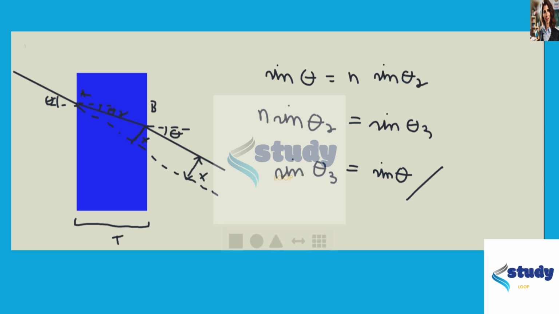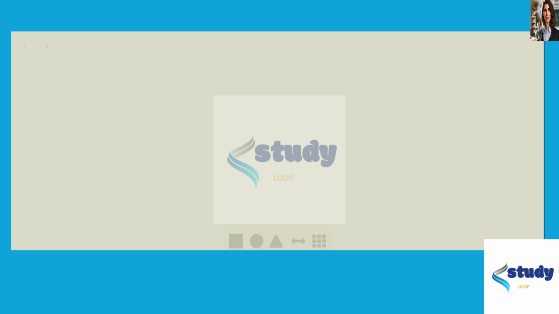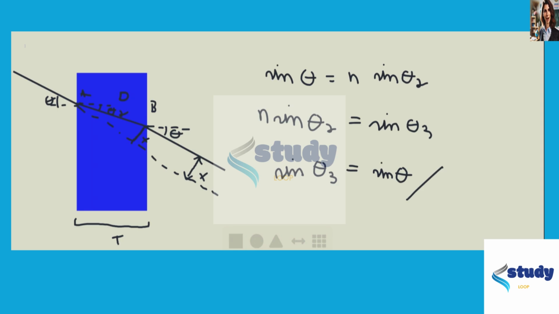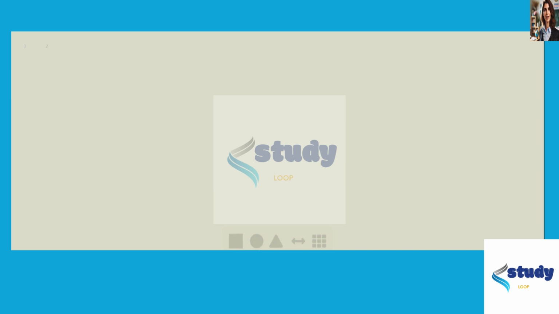So we can call the distance of the light ray inside the glass, this line here, d, and if this distance is d, and we know that this distance here is t, and we know the angles inside, we can start finding something.